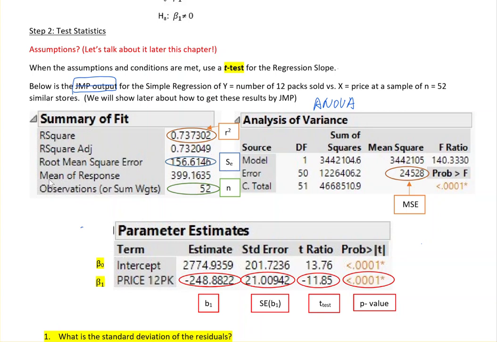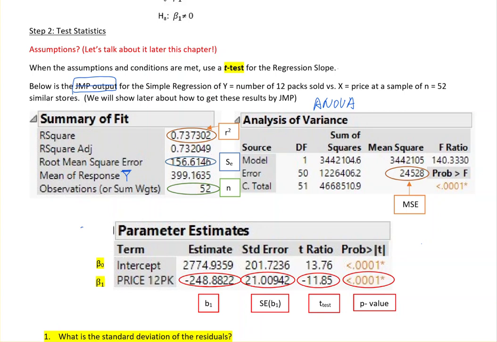Next one, the mean of response. Response is the y, right? So the mean of the response is y bar. Remember, this is not y hat, this is y bar, which is the sample mean of y. Until now we didn't use this information, so I didn't circle it.